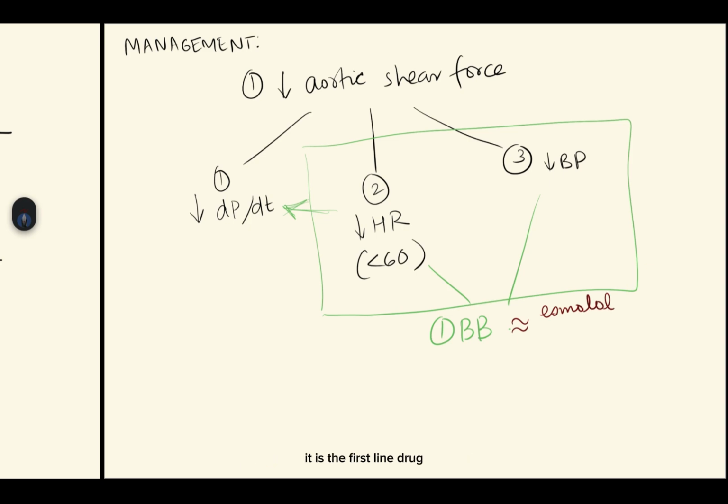It is the first line drug, given in a dose of 0.5 mg per kg over 1 minute, and then we start an infusion of 50 mcg per kg per minute. We can increase the infusion if it is not effective, to a maximum of 300 mcg per kg per minute. And we can keep giving these boluses frequently.